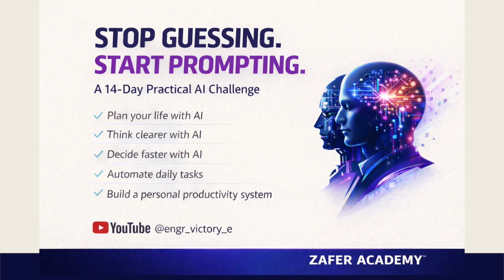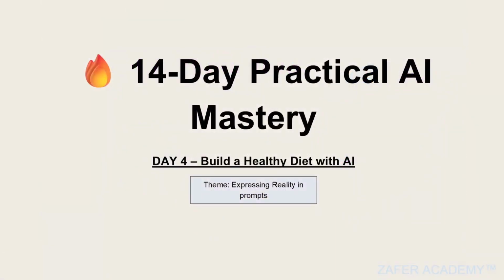All right, so today is day 4 and we are looking at building a healthy diet with AI. It's true that this topic is kind of similar to what we covered on day 2, but that's not a problem because we're still going to see how to implement what we've learned so far, and we are going to look at this from a different angle.